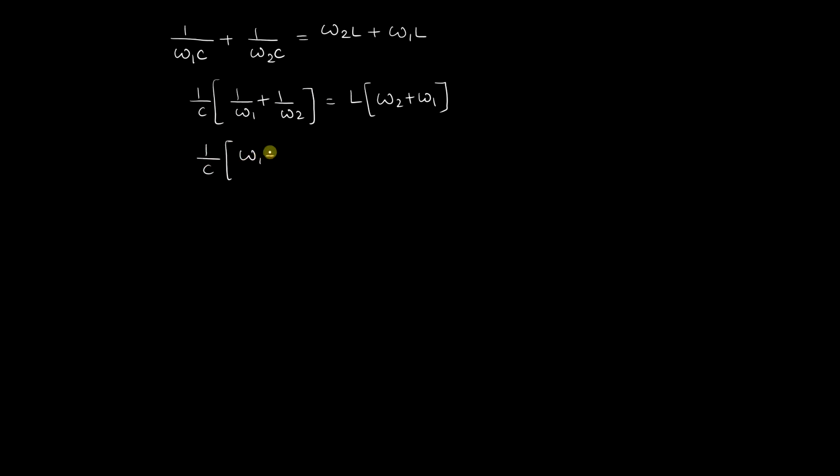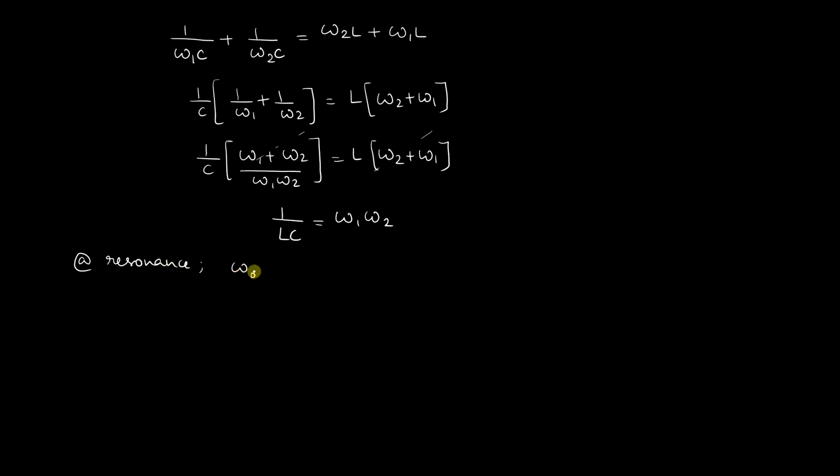Omega 1 plus omega 2 over omega 1 omega 2 equal to L into omega 2 plus omega 1. You can cancel out this term here, bring this L to the denominator and take this omega 1 into omega 2 to the numerator, and you have 1 by LC to be equal to omega 1 into omega 2.